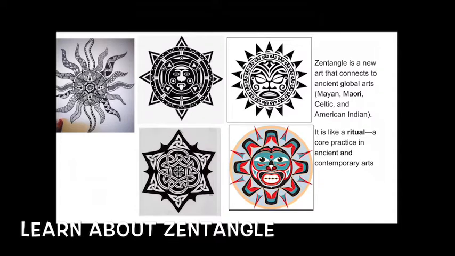Now, Zentangle is a new art that connects to ancient global arts. We have examples going from top left to bottom right: Mayan, Maori, Celtic, and American Indian. All of these are icons of the sun from each of these cultures. But I pulled these because I wanted you to see on the far left a sunshine made in the Zentangle art form and how similar all of these are.